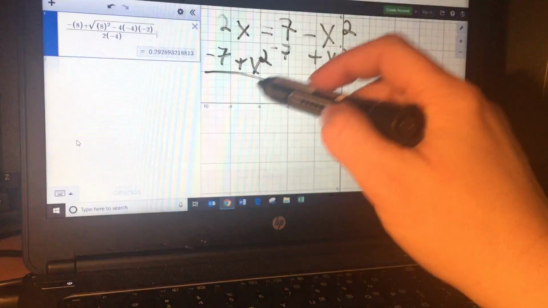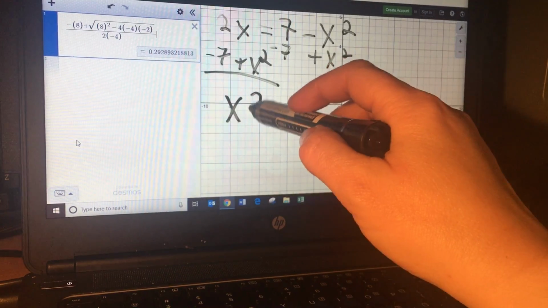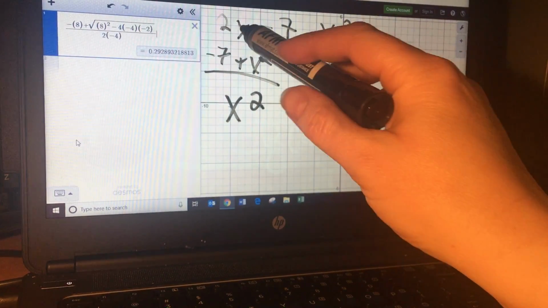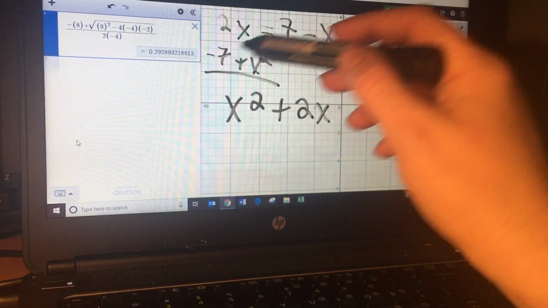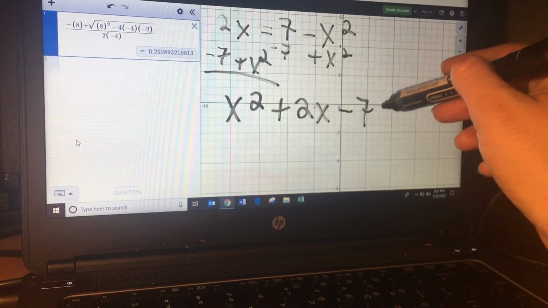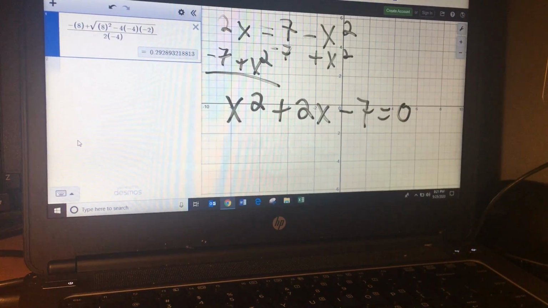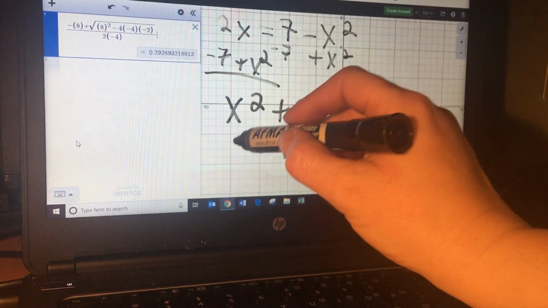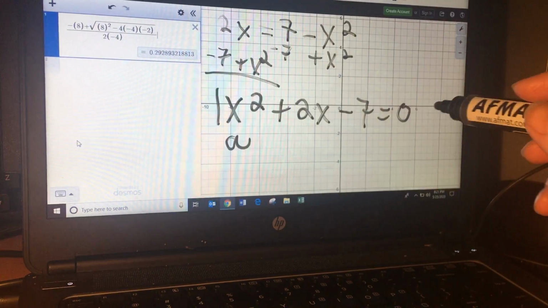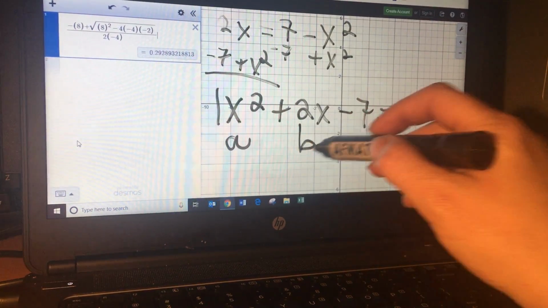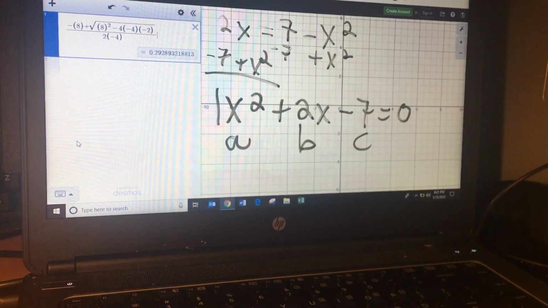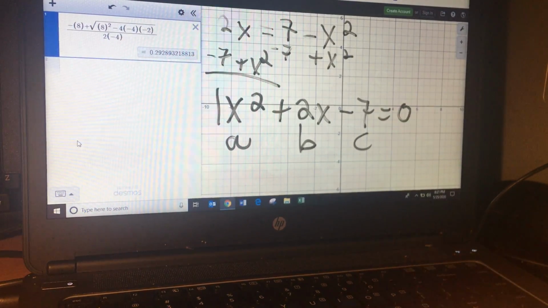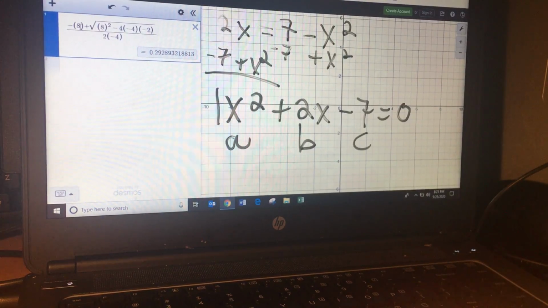Now we want everything in order. So first I'm going to go with x squared. Then we want plus 2x. And then the number, -7. Equals 0. Now we could label them. So A is 1, B is 2, and C is -7. Now we could plug them in. And so our B is 2.